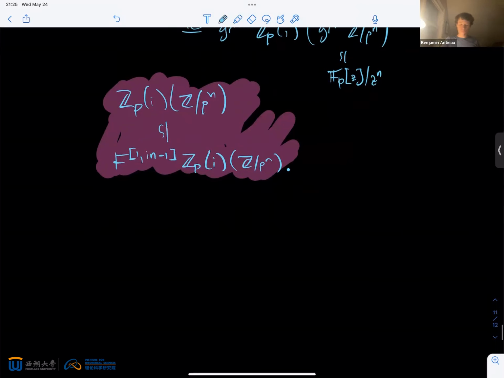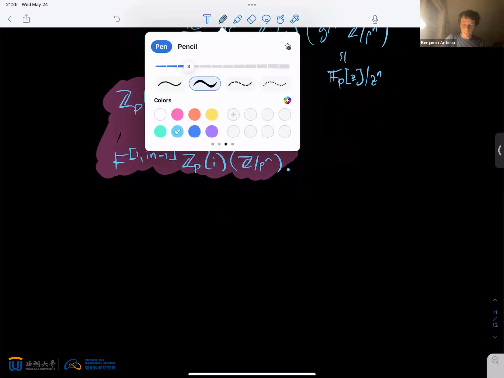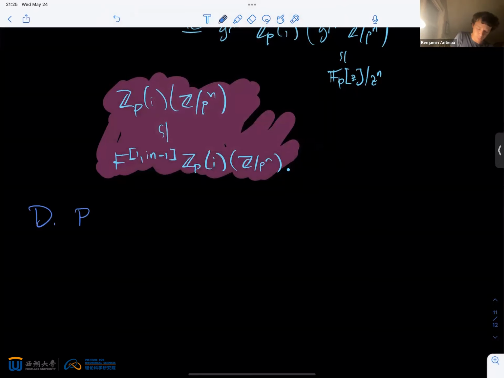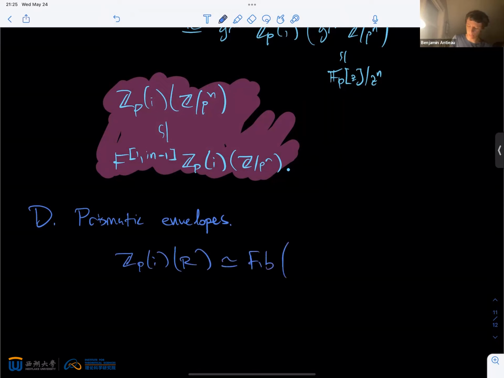So how are we going to leverage this? Well, let me start a new section here called prismatic envelopes. So remember I said that this Z_p(i) of any reasonable ring R is given as the fiber of two other maps.